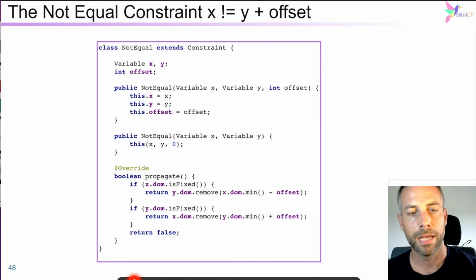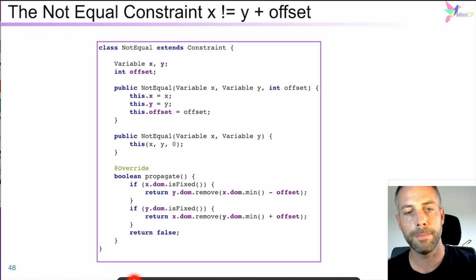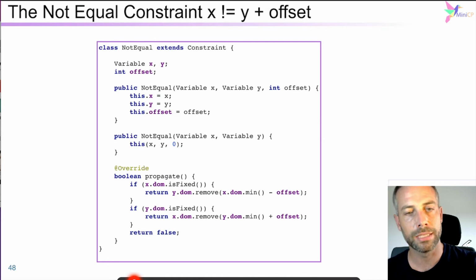Okay? So it means that you can only propagate something if one of the two variables or the two are fixed. If this is the case, you return true if this value was effectively removed from the domain of Y. And in all the other cases, you return false, just to mention to the solver that you were not able to remove any single value from the domain of the variables.